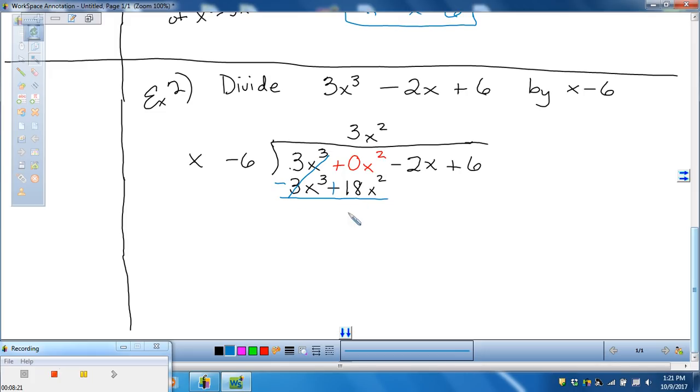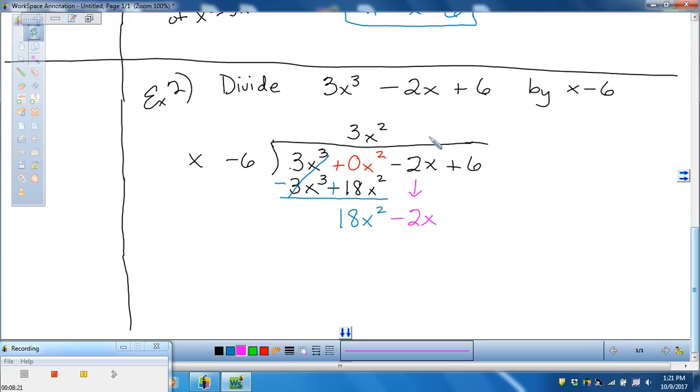0x squared plus 18x squared is 18x squared. And so we finished that. Now we're going to bring down our next term so we can continue the process. So bringing down the minus 2x. And now we need to ask, what are we going to multiply by x to get 18x squared?